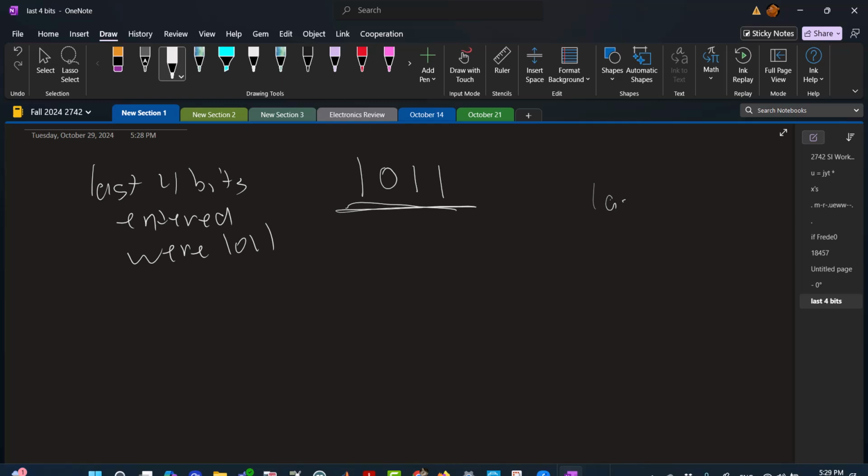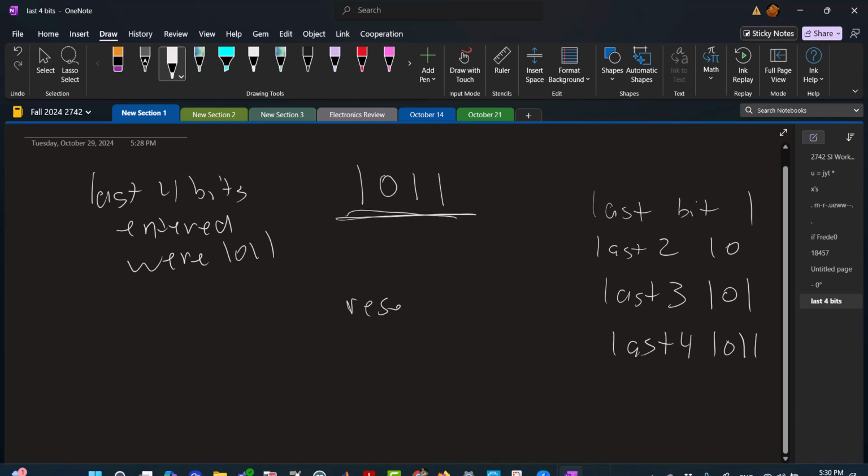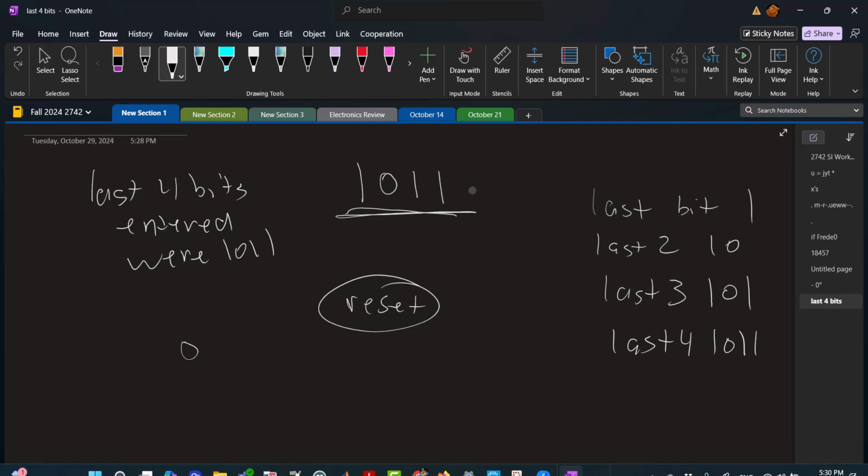So the one step on the way is if the last bit was 1, and then if the last 2 were 1 0, and the last 3 were 1 0 1, and finally the last 4 were 1 0 1 1. So when I start with my reset, if I have just a 0 and nothing else, that doesn't fall into any of these categories. So that's going to bring me back here.